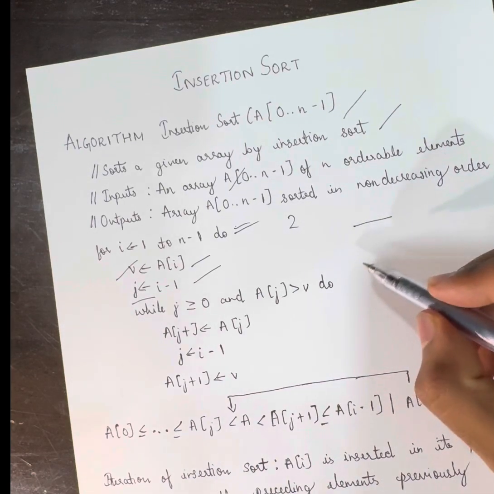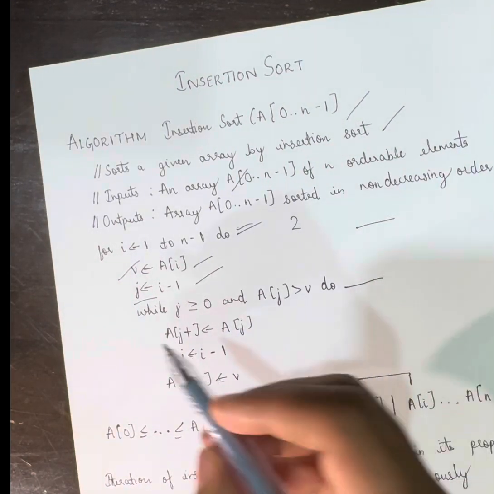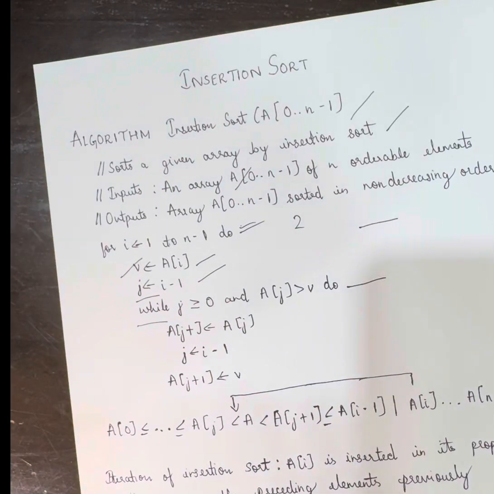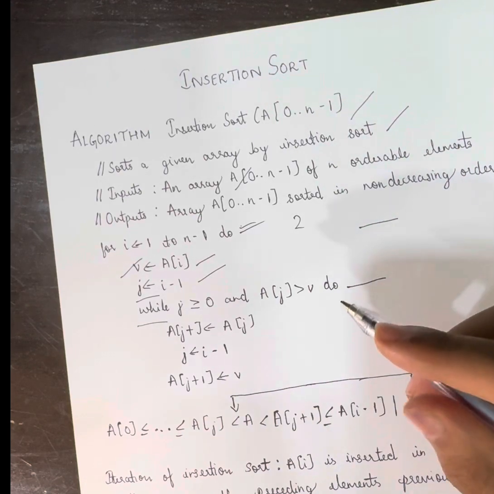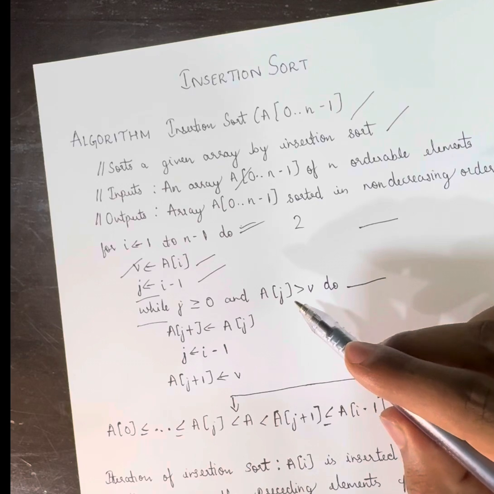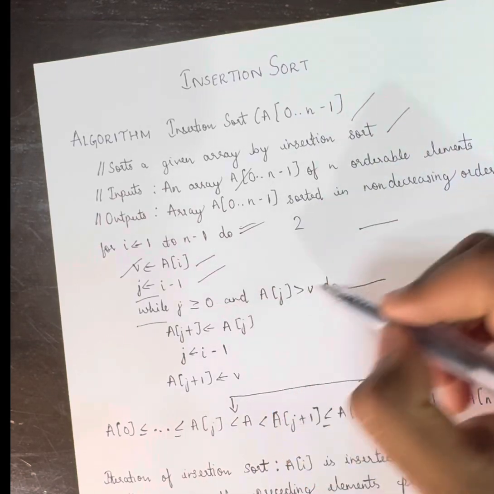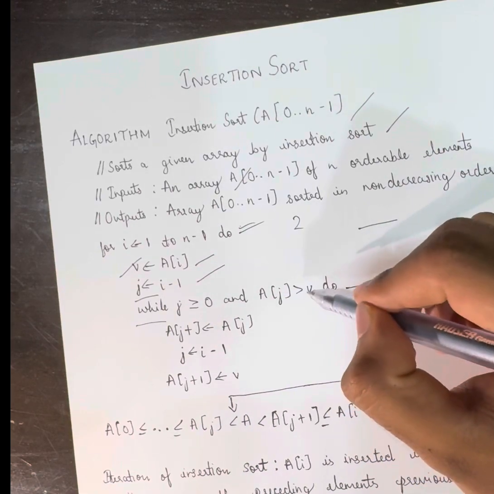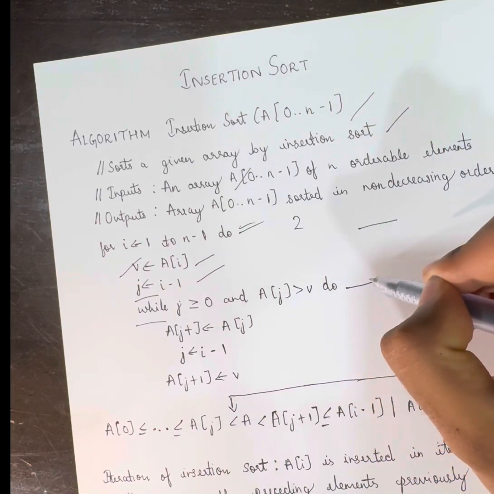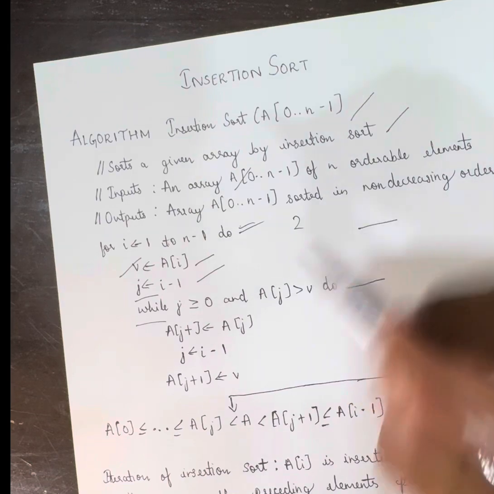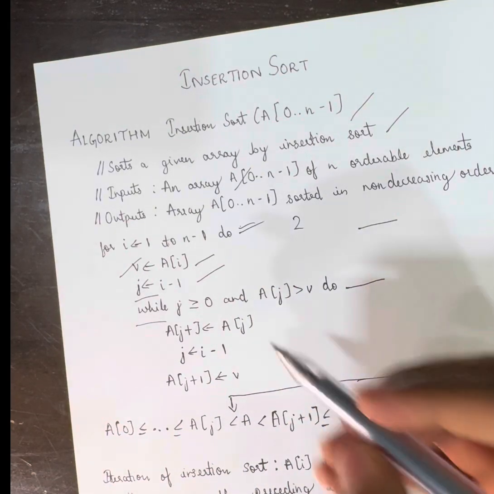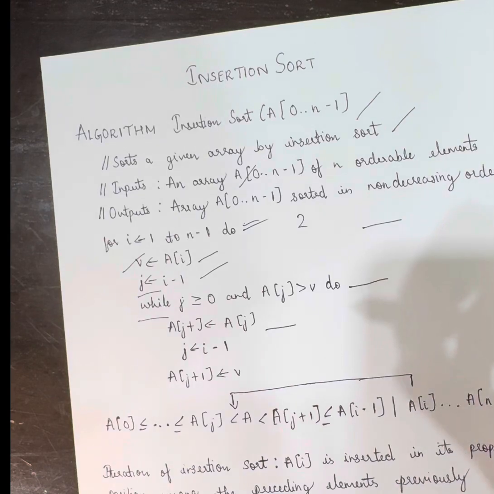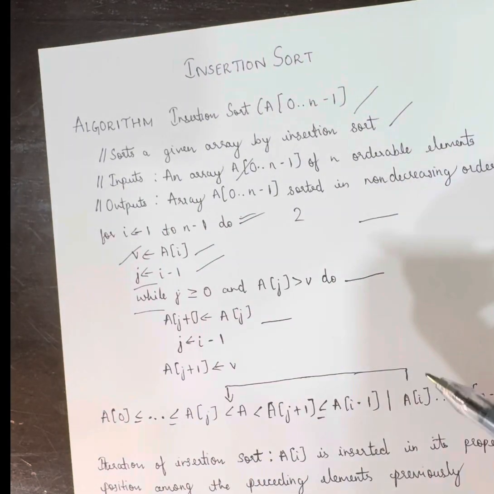Now let's go to the condition: this loop shifts elements in the sorted subarray that are greater than v to the right, and it continues as long as j is within bounds and A of j is greater than v, meaning the current element is greater than the one to be inserted. Next, A of j plus 1 equals A of j.